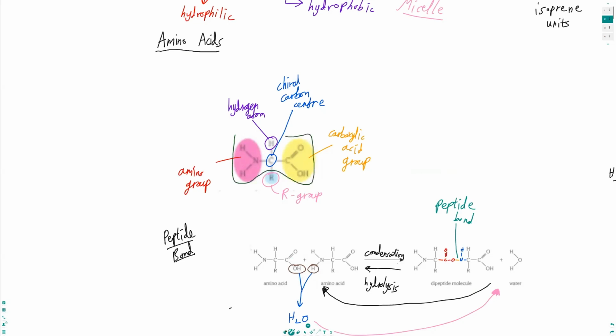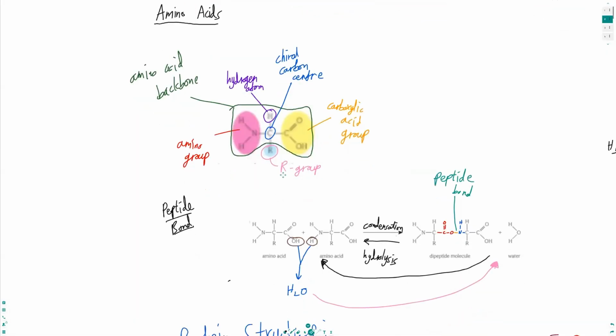This section is the amino acid backbone. It's the hydrogen bonds that occur within the backbone only, so we don't have any mention of the R groups yet.